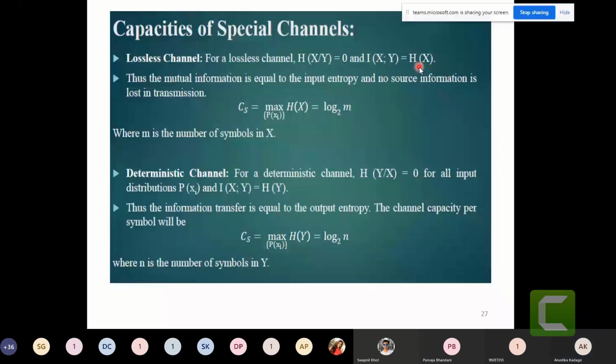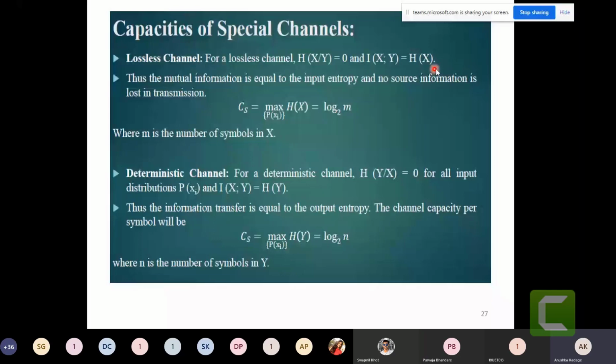That means the mutual information is equal to the initial uncertainty only, because here in the lossless channel, the conditional entropy, which was the final uncertainty, is not going to exist. And that's why mutual information in this situation will be only the initial uncertainty with the value of H(X).